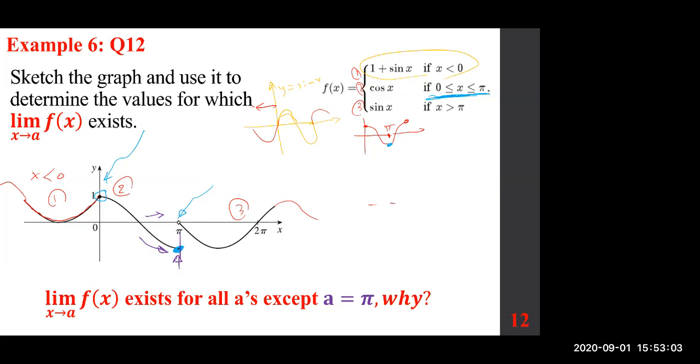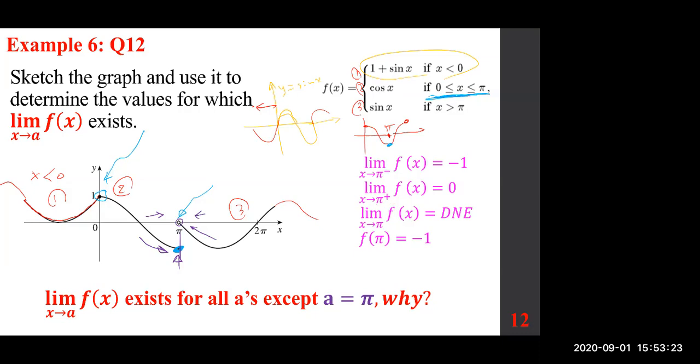From the right, you are moving towards this hole, so you have to write the y coordinate of this point, which is 0. And so the limit from the left is -1. The limit of f of x as x approaches pi from the right is 0. And therefore the limit of f of x as x approaches pi does not exist.